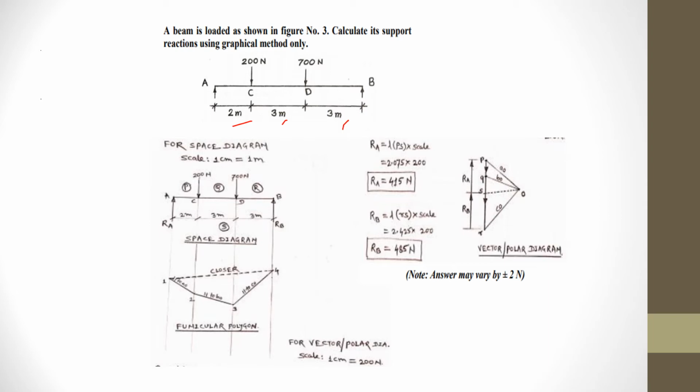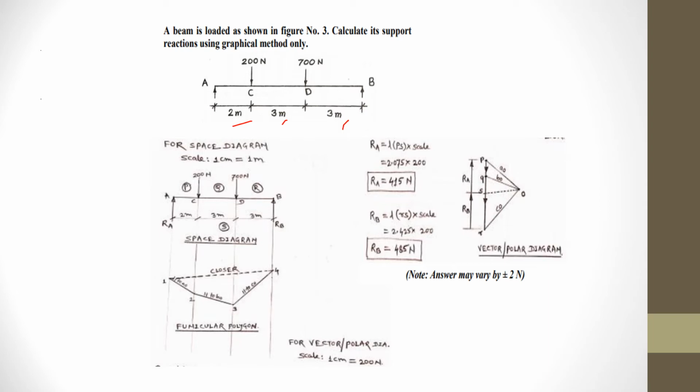Now we will draw funicular diagram and then vector or polar diagram. Draw funicular polygon later. First we will draw space diagram and then vector diagram.